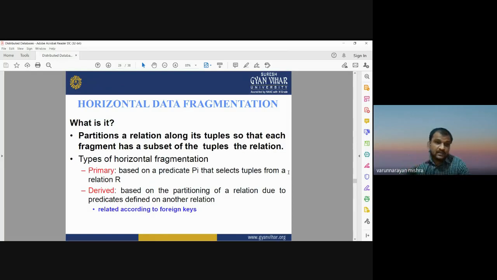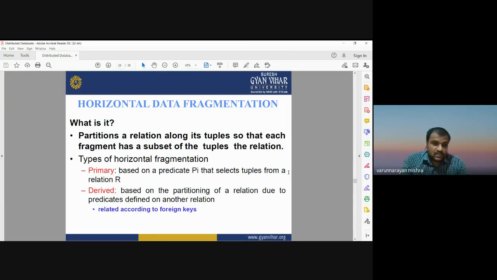Primary horizontal fragmentation is based on a predicate Pi that selects the tuples from a relation R. Under derived horizontal fragmentation, the partitioning of a relation is due to the predicates defined on another relation. So the two types are primary and derived, where the derived type is based on the partition of a relation due to a predicate defined on another relation.